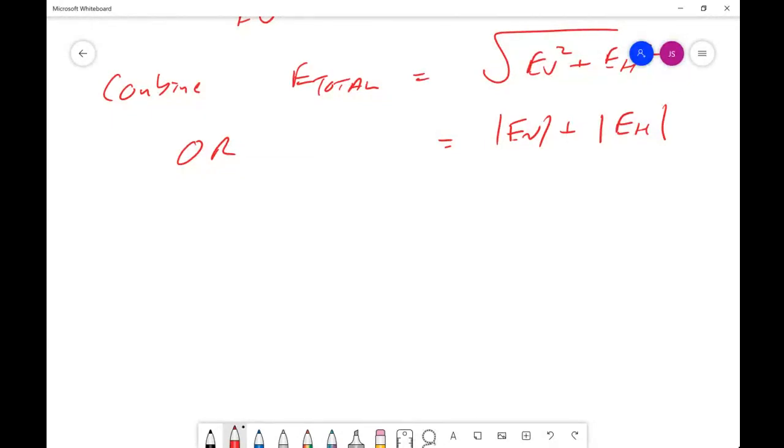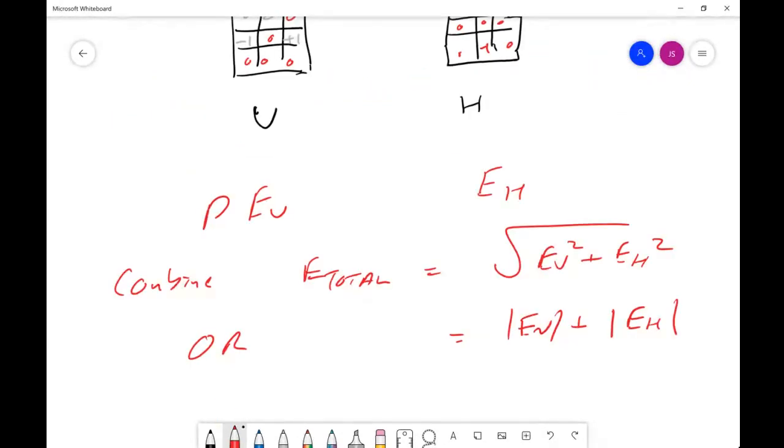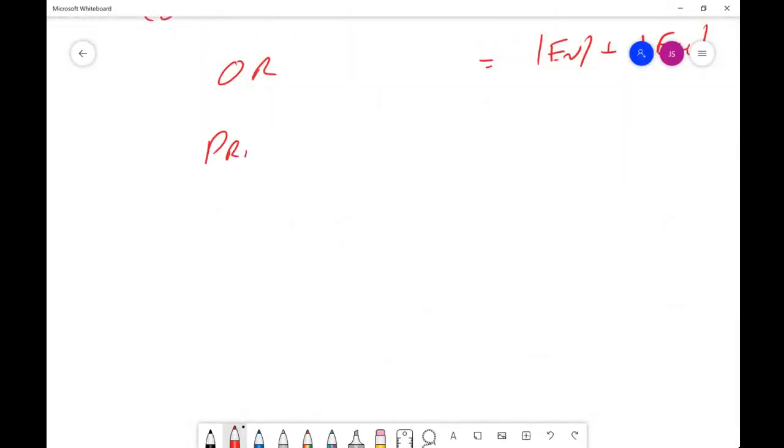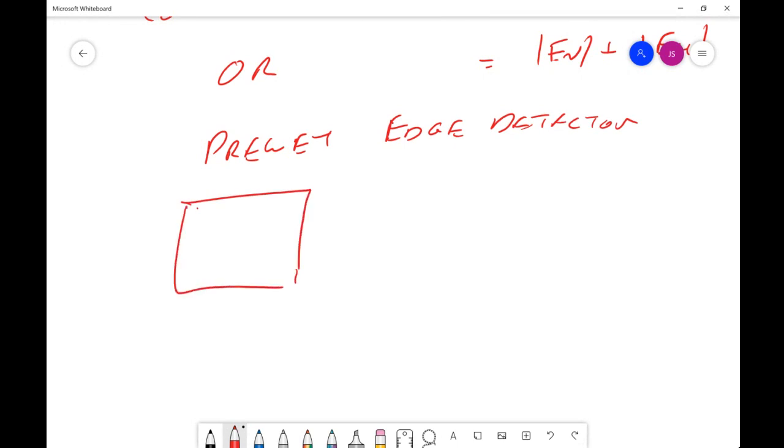The Roberts is the simplest, the Prewitt is a bit better. And this takes into account diagonals. And for the vertical, it is going to be +1, +1, +1, -1, -1, -1.